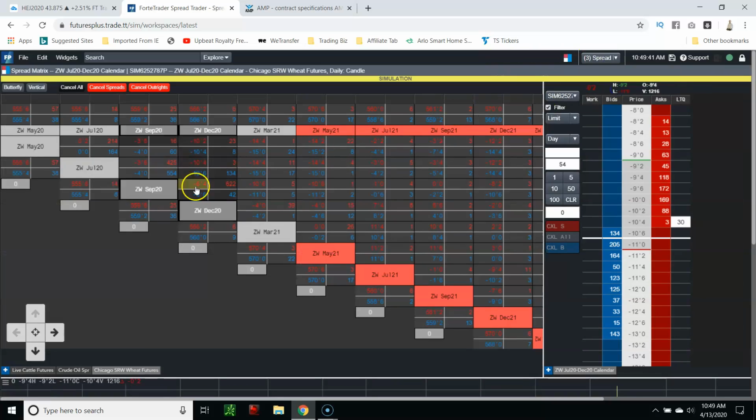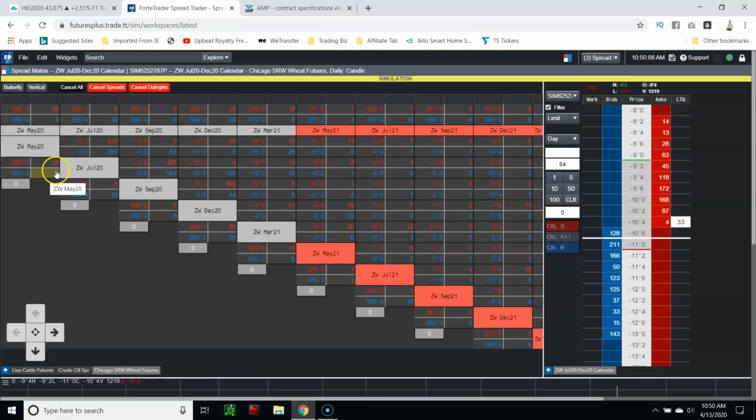on a spread matrix, is between May, July, September, all these different wheat months. The difference in their price here, when we talked about contango and backwardated markets and things, is because there's a few different elements that make these prices more expensive in the future. And it's things like storage costs, insurance costs for the producers, and interest to carry those costs.